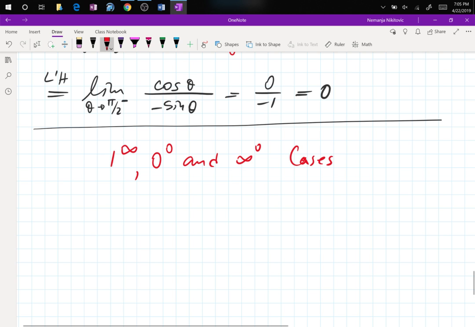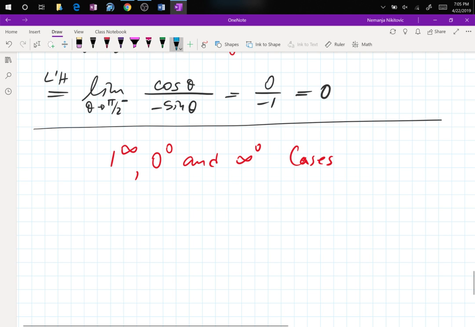So yeah, a little bit dramatic, but all of these problems will be solved by taking ln of both sides and then killing that exponent because it drops in front. So all of these cases will be solved using the logarithmic approach.